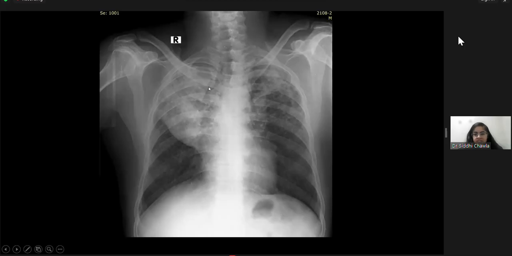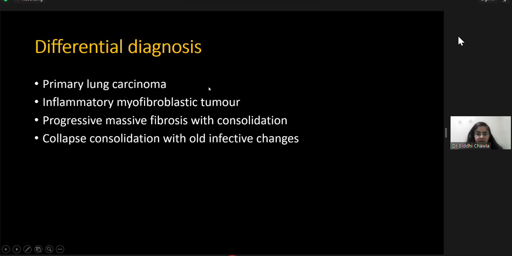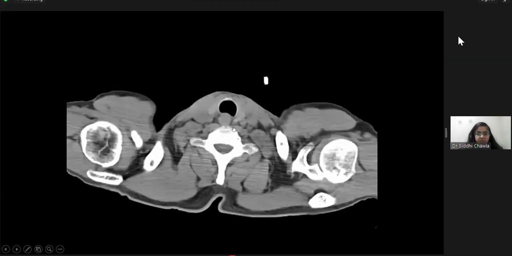So we were discussing tuberculosis, silicosis, and malignancies. Our first differential, because of the age, was primary lung carcinoma. Then we kept a possibility of inflammatory myofibroblastic tumor again, and a possibility of progressive massive fibrosis with consolidation and some infective changes.